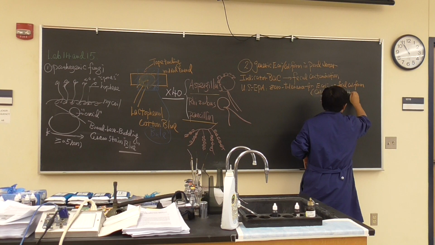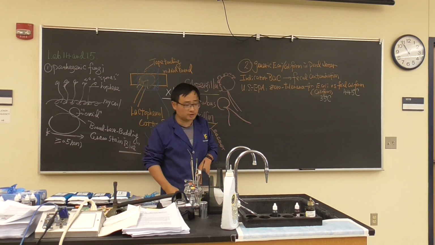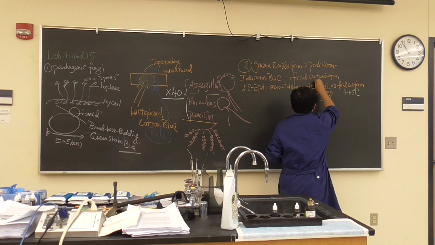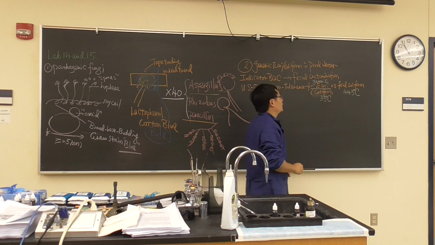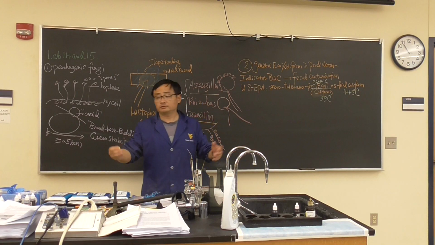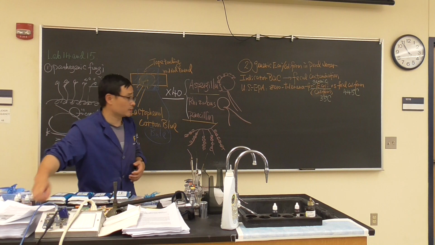This is 44.5 degrees Celsius. That's the only difference. Then, in the most recent 20 or 30 years, people think a very good indicator is generic E. coli. And generic E. coli has to be zero tolerance, ideally.